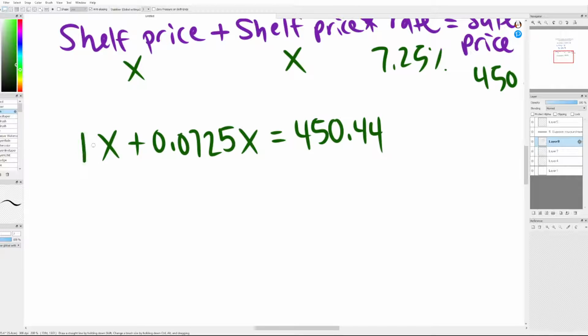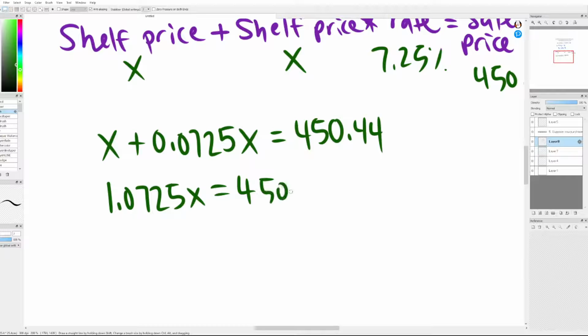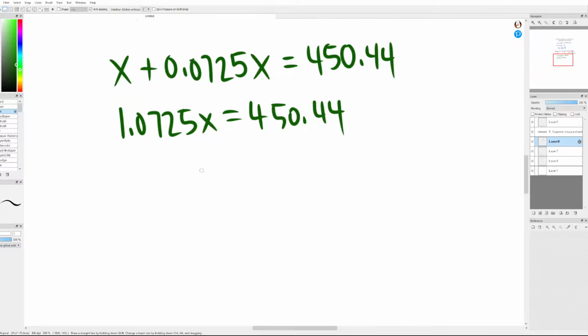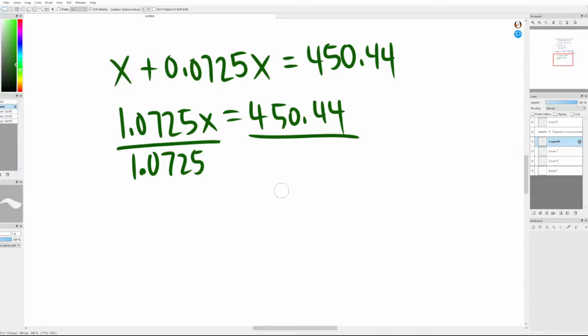There's an implied 1 because 1 times anything is itself. So when we add these together, it's going to be 1.0725x is equal to $450.44. And then from there, we want to divide x by 1.0725. And we want to divide this side as well, because anything you do to one side, you have to do to the other.